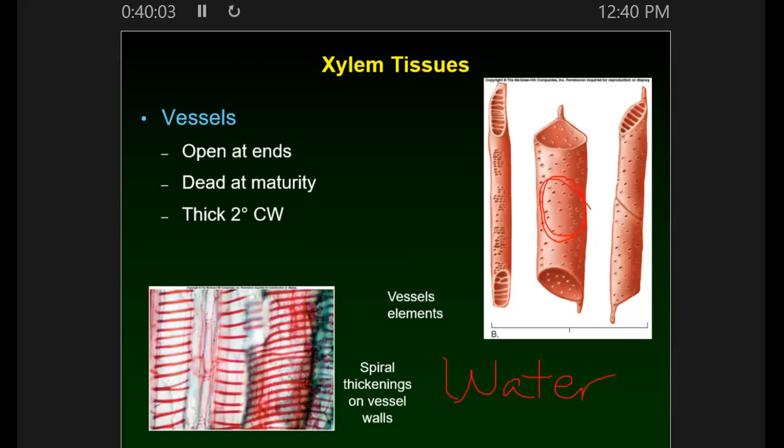Vessels, by the way, those you see in the more advanced plants. So angiosperms, which I often just abbreviate down to angios, A-N-G-I-O-S. Angiosperms have vessels.